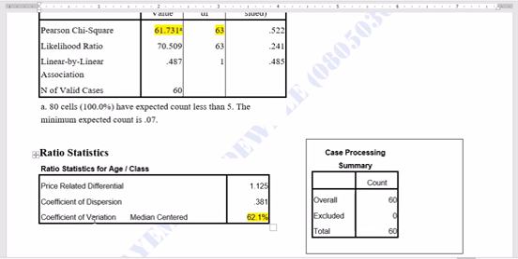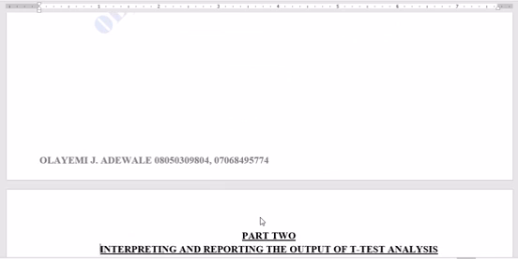Now, the coefficient of relation I have is 62.1%, which is very good. And the result is very good. Why? Because what I have as 62.1 is very good.